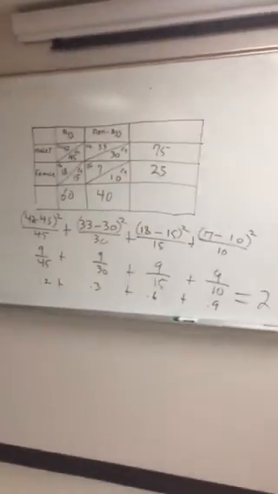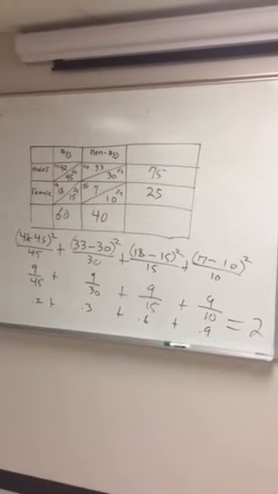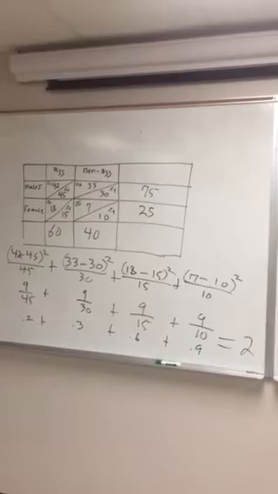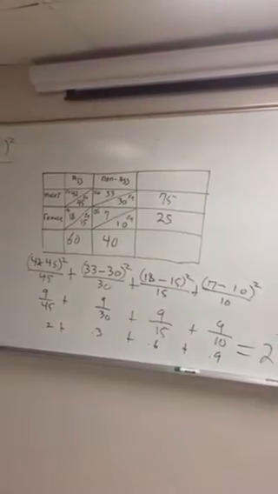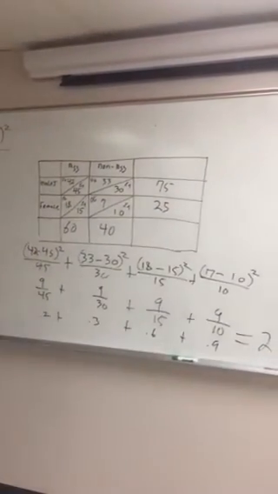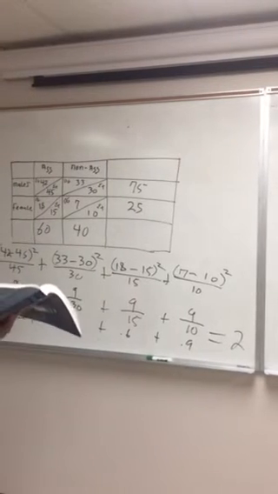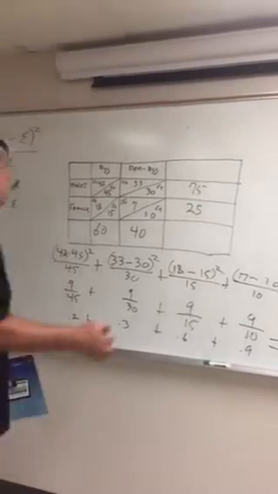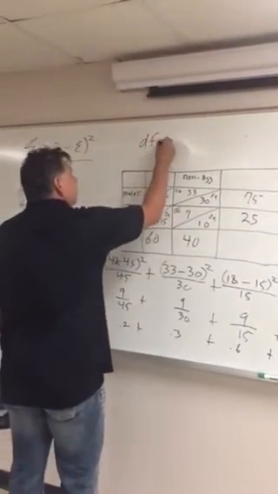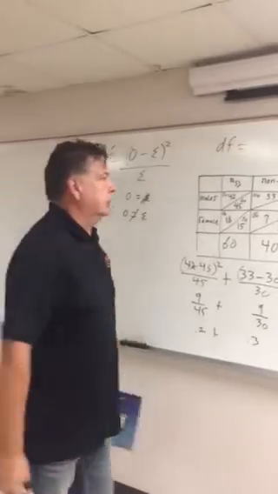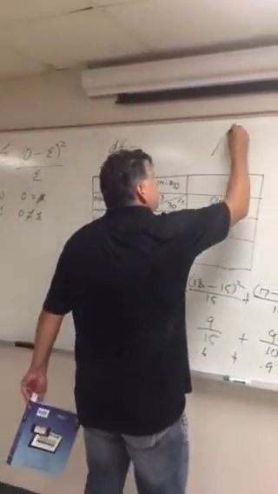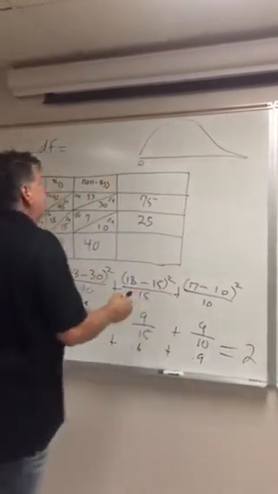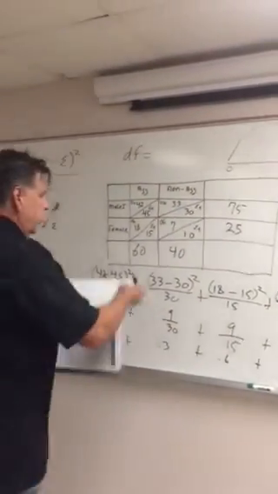Now I go into the back of my textbook. This one will be on page 653 in the tables, the chi-square distribution table. Remember what I said about degrees of freedom. I have to find this in order to find the critical region. If I draw a little chi-square distribution over here, I'll know my critical cutoff.